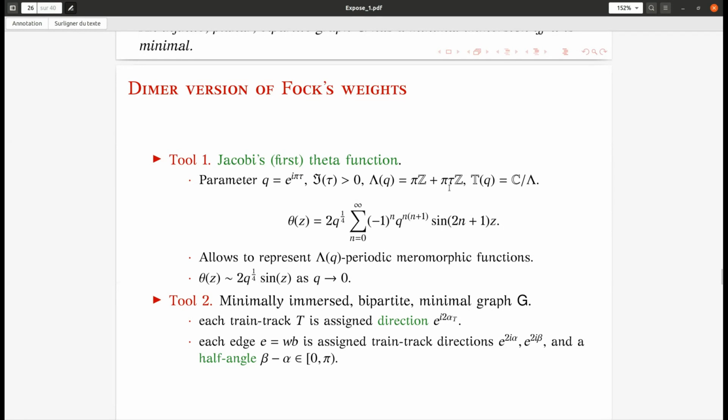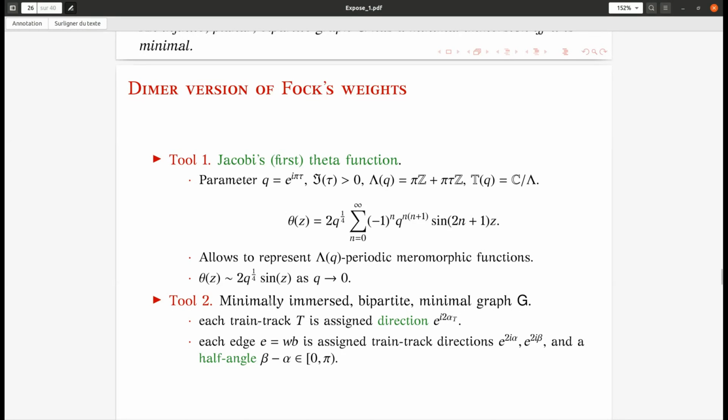But when you combine them appropriately, then you can construct all meromorphic functions on this torus. Another point is that it's a kind of generalization of the sine function. As q goes to 0, which is when you enter the trigonometric world, you essentially have sine, up to renormalization. So we need this theta function.